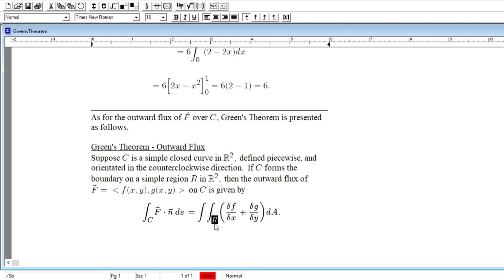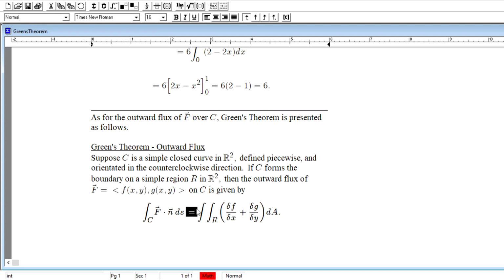You will notice that in this double integral over region R, your integrand is described by the partial of f with respect to x, given by the field, added to the partial of g with respect to y, where little g is also given by the field. This sum of partials is the description for the divergence of the field.